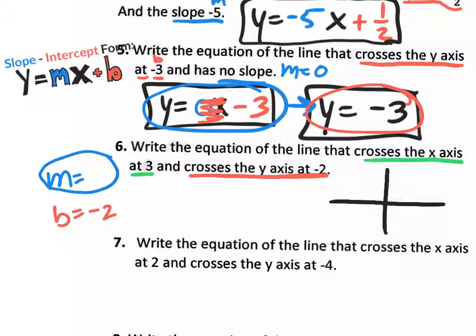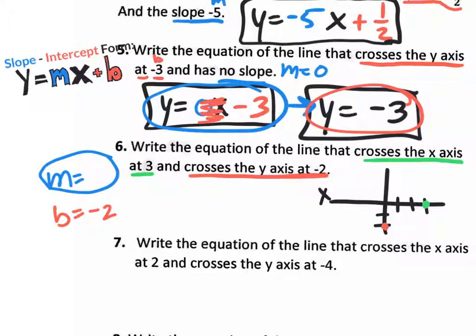It crosses the x-axis at 3, so this is my x, and it goes 1, 2, 3, crosses right there. Let me put a dot right there. And it crosses the y-axis at -2, -1, -2. Let me put a dot right there. Because I know that it crosses the x at 3 and the y at -2, I could draw a line passing right through those two points.